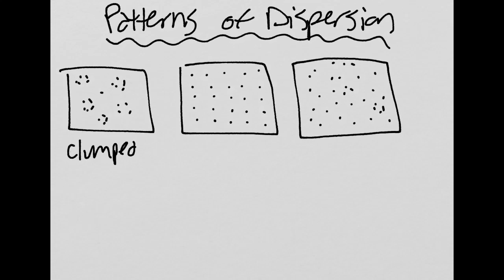This you could see in schools of fish where there are groups of fish traveling together and then there might not be fish for a long time and then there'll be another huge group. Another type would be uniform. Those could be like penguin nests on an island or humans in the suburbs or in certain cities.